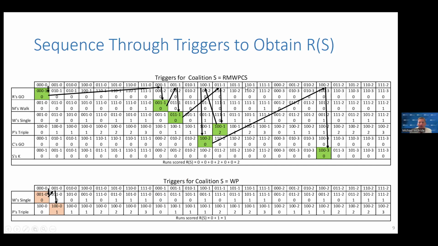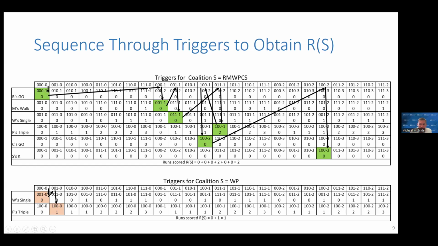Over here, 110-1 is a runner on third, a runner on second, no runner on first, and 1 out. And the data in the row for this first batter, this ground out, these numbers tell us which state we transition to from the initial state as a result of this person's play.